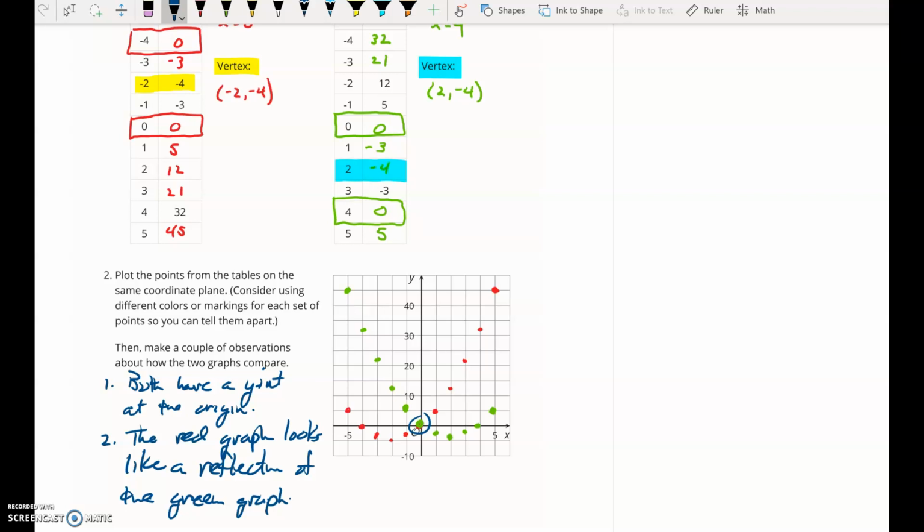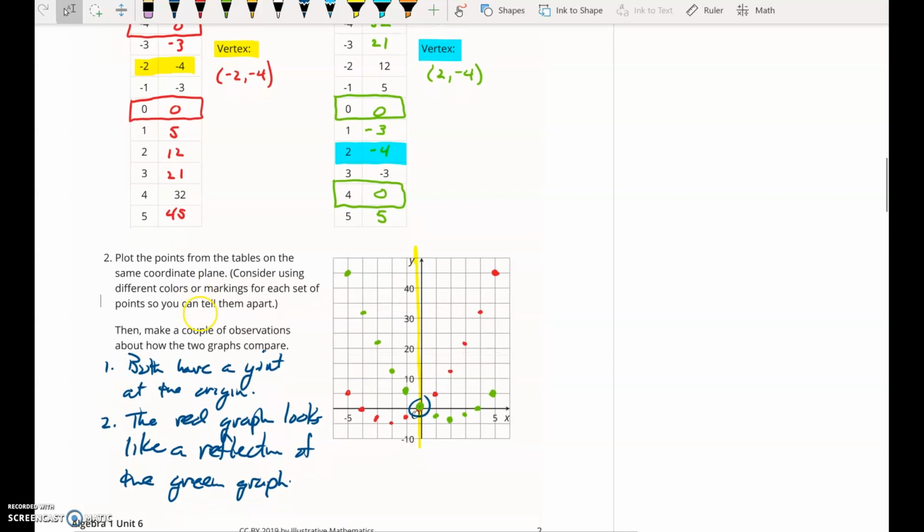Notice how the red graph and the green graph are kind of mirrored, across the y-axis. It's kind of a mirror image across the y-axis. So those are just a couple of observations that I notice when I compare these two graphs.